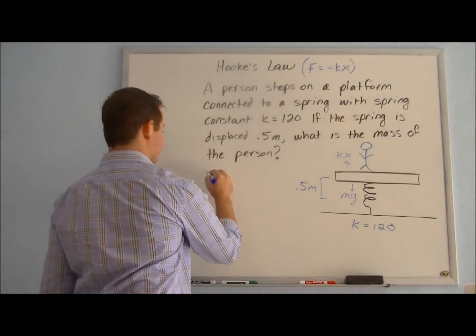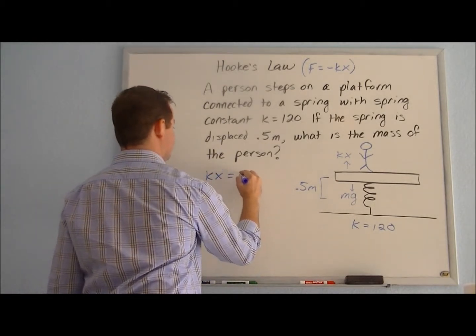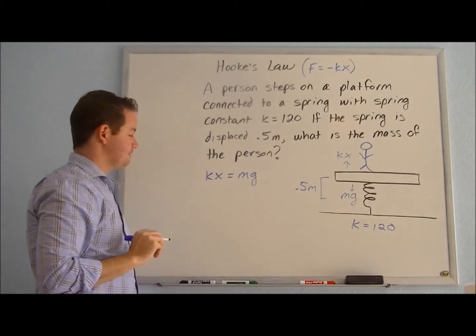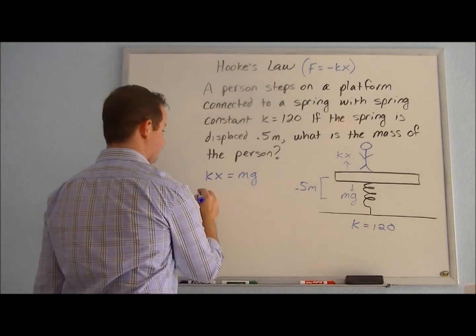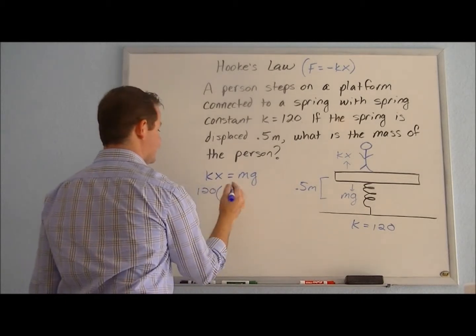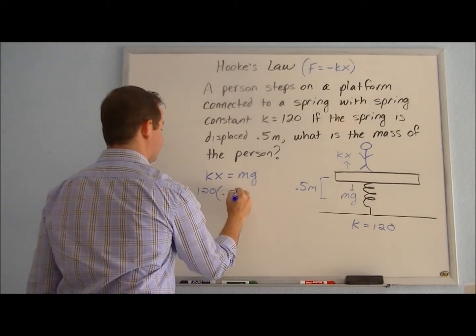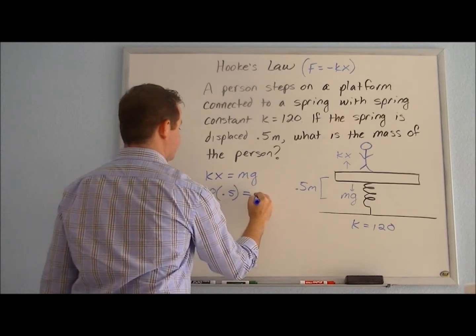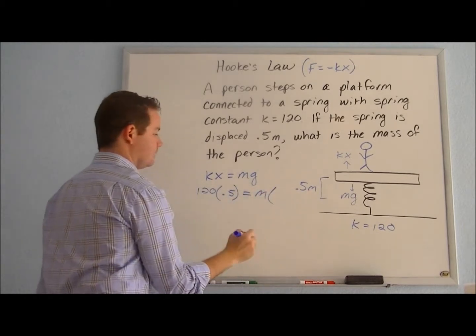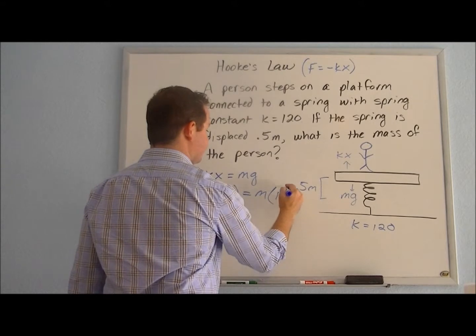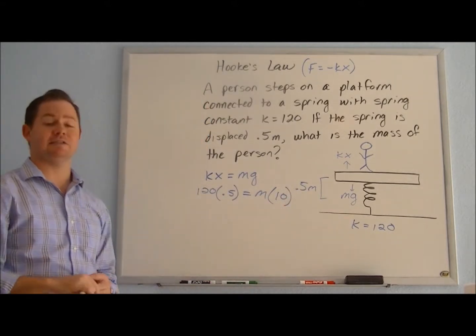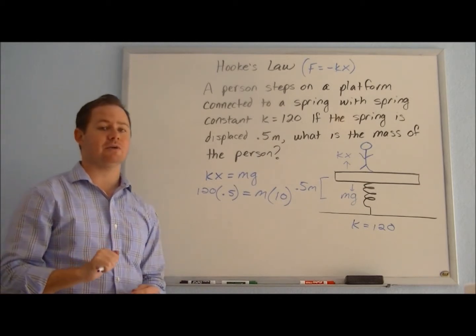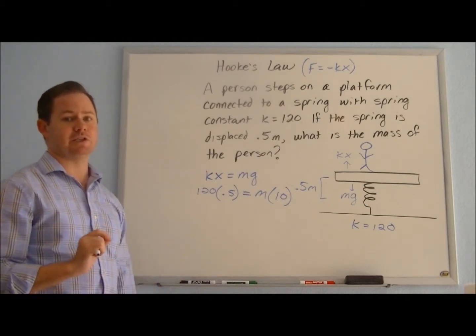Here we would have kx is equal to mg, and when we plug in our missing values, we have 120 times our displacement of 0.5 is equal to mass times acceleration due to gravity. And for this particular problem, we're going to estimate that value at 10, although the actual value is 9.8 meters per second squared.